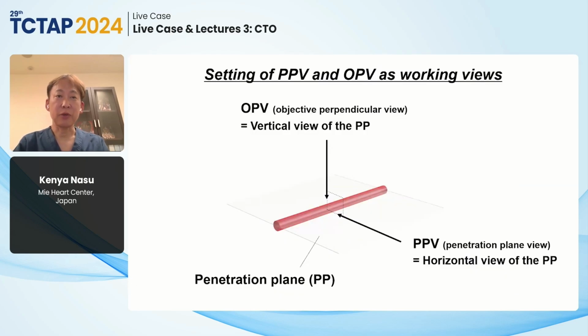This slide shows the setting of PPV and OPV as working views. So we should always control the wire on the penetration plane. PPV is a horizontal view of the penetration plane, and OPV is a vertical view of the penetration plane.